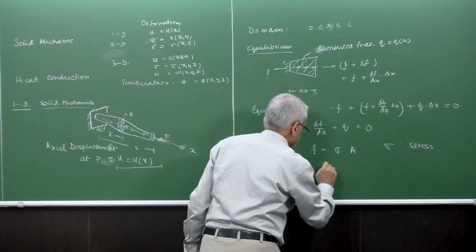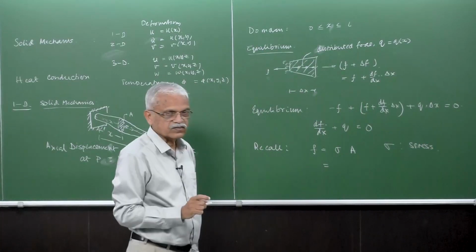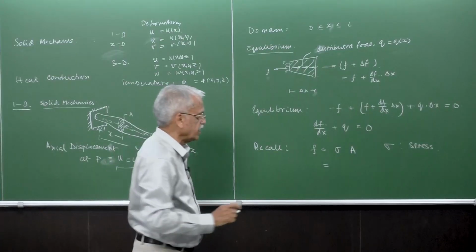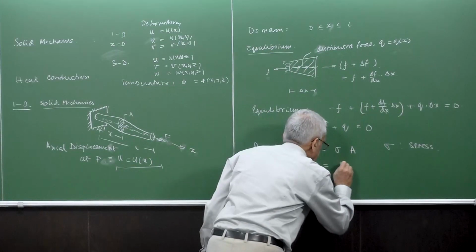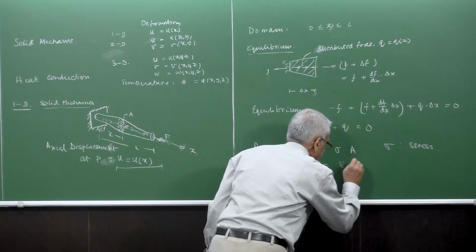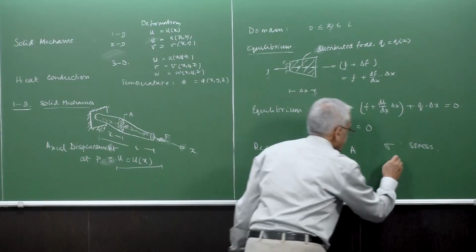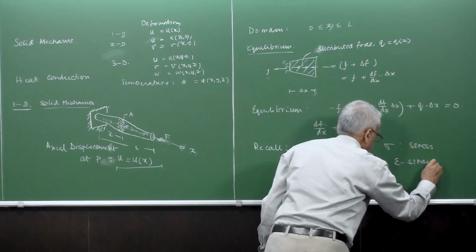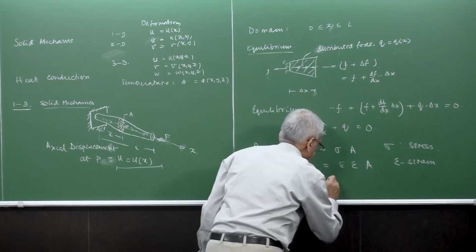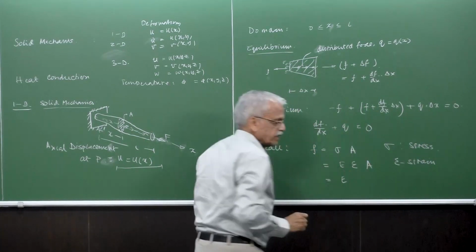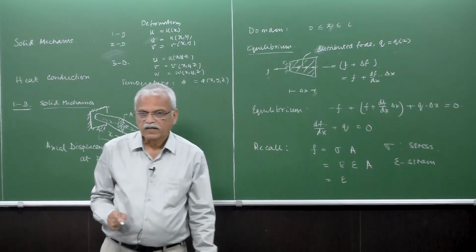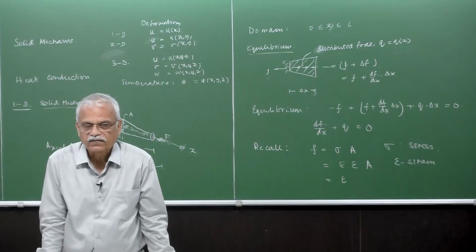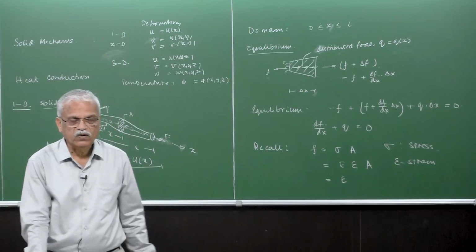And this stress, we can write it in terms of strain, as E times epsilon times A. Epsilon is the strain. And further, what is the strain? Strain is the rate of change of deformation.